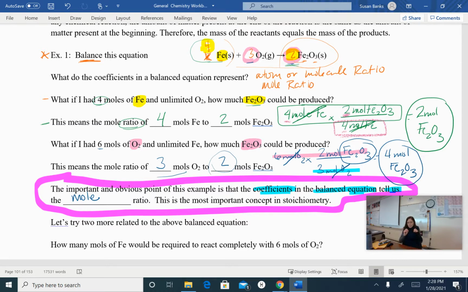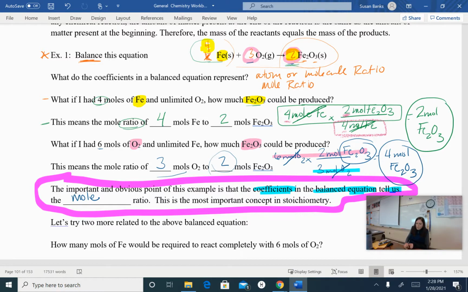We take those coefficients from the balanced chemical equation and we use those coefficients to give us a mole ratio that we can change from one compound or molecule to another within that balanced equation to figure out a relationship between what's coming and going in a reaction.